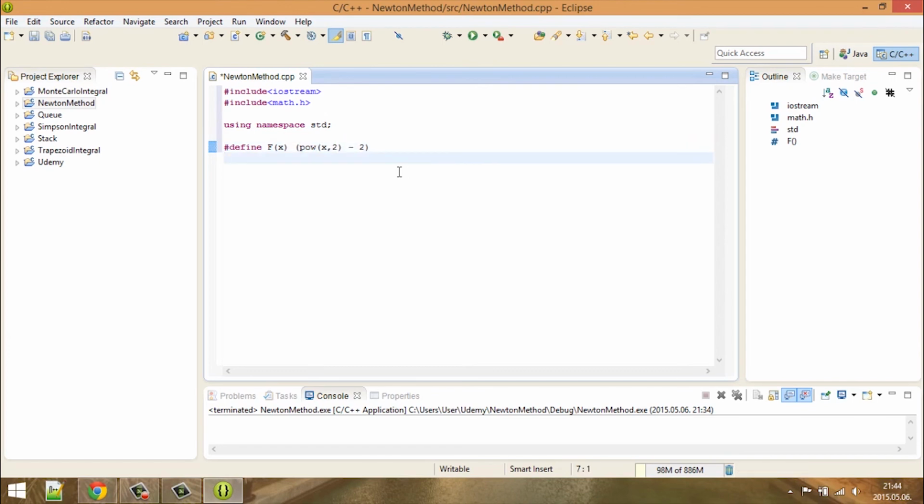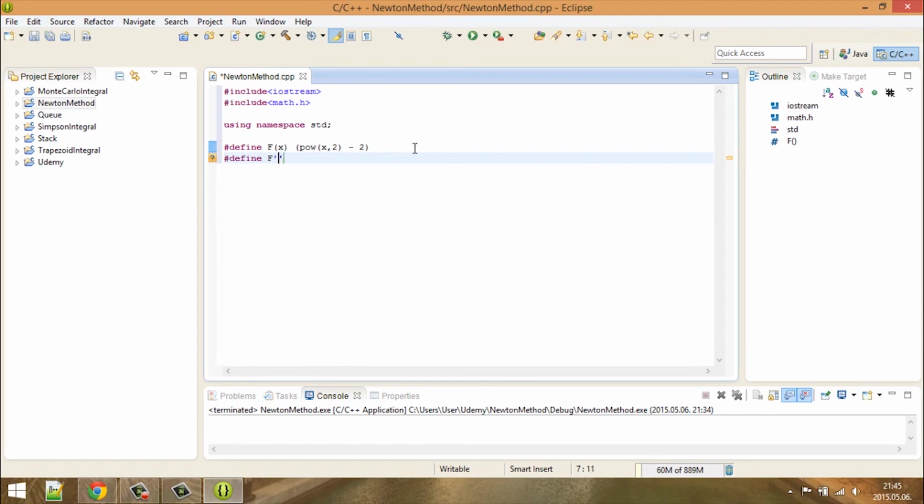This equation is because we want to calculate the square root of 2: x squared minus 2 is equal to 0, which means x squared is equal to 2. Then we just have to take the square root of both sides, and we get that x is equal to the square root of 2. So we just want to get the square root of 2.